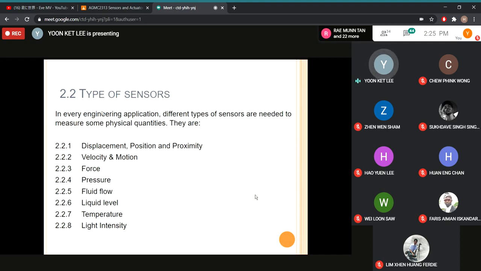When you look at the sensors, you will find some sensors could be used for displacement, or for pressure, or for fluid flow or liquid level. For example, the ultrasonic sensor, we can use it for displacement and also for liquid level, depending on how you use it.